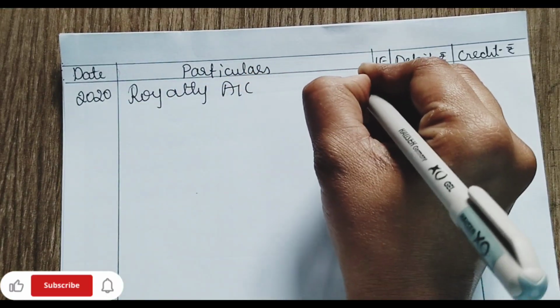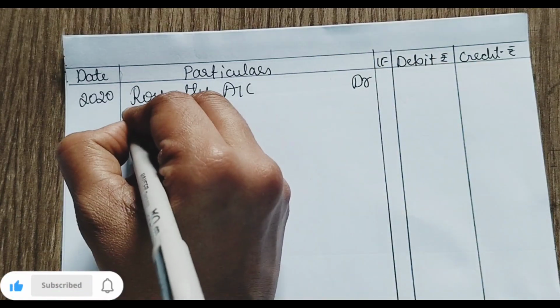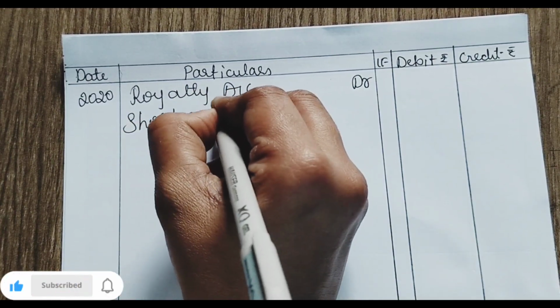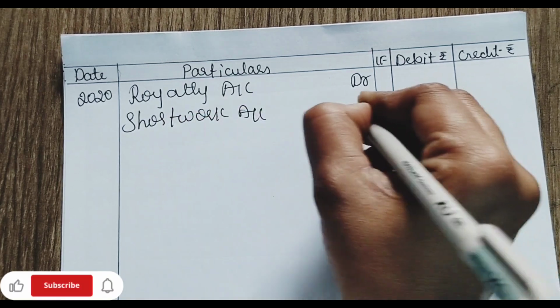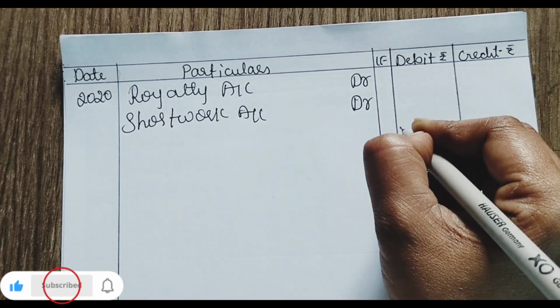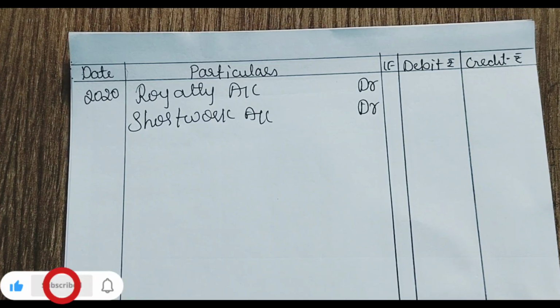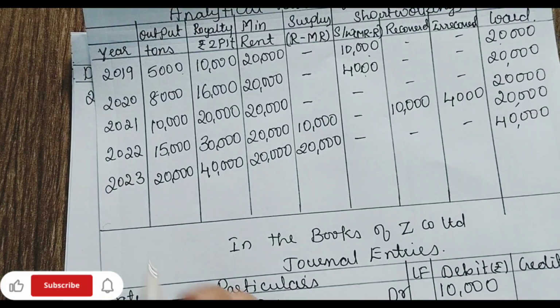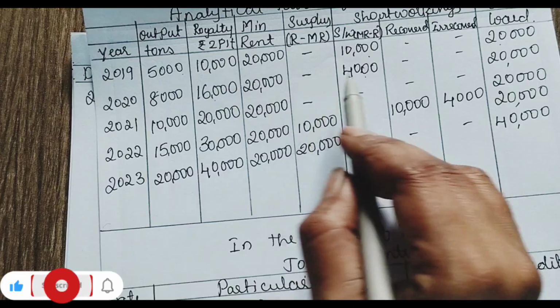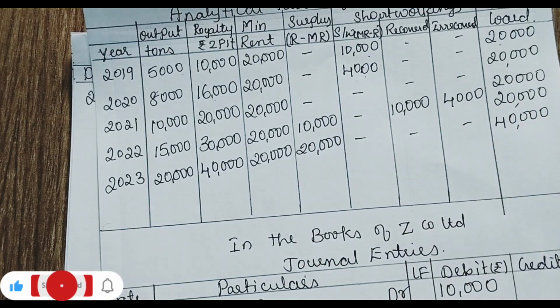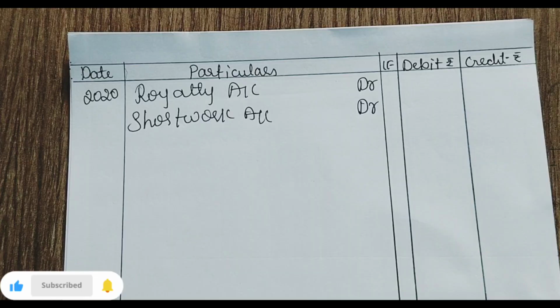So royalty account debit, and short working account debit. What is the amount? Royalty account is 16,000. Short working account 4,000, and landlord 20,000.